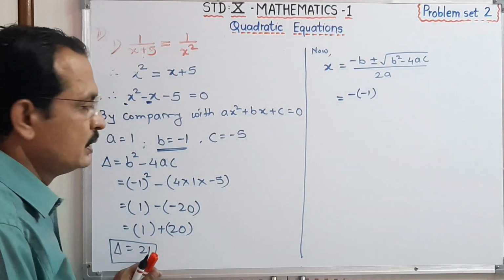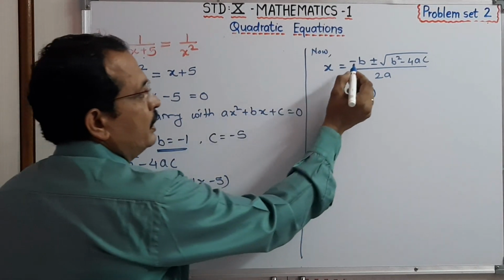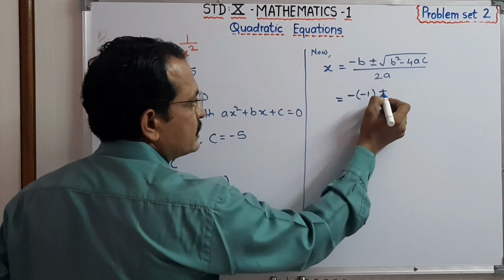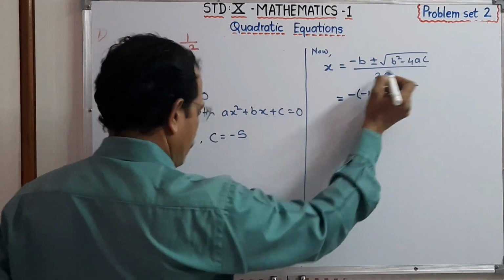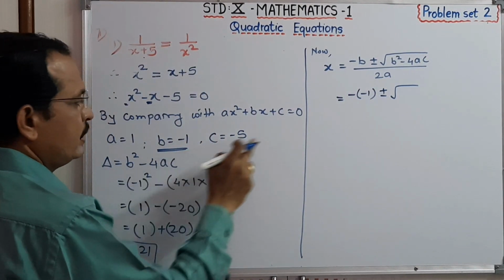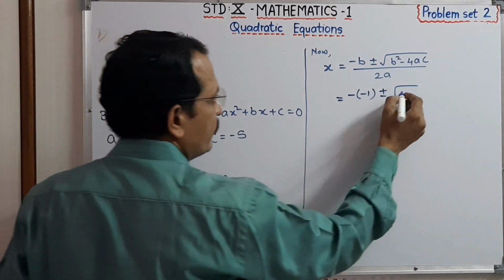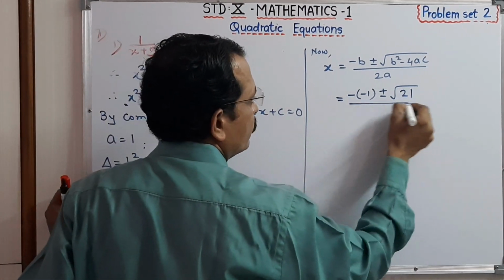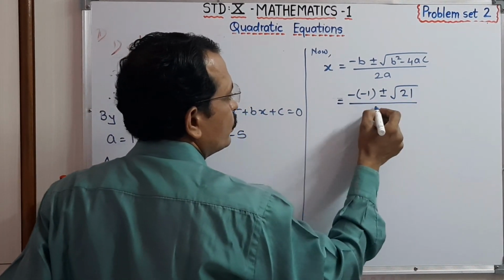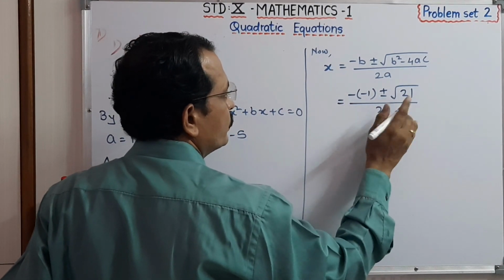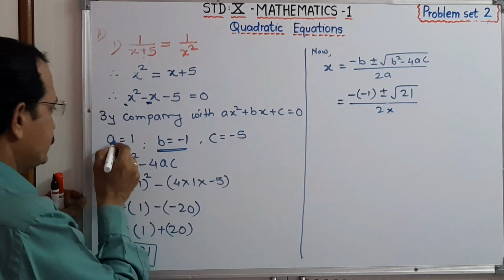Remember this minus, and the value of b is minus 1, plus minus under root b square minus 4ac, that is delta is equal to 21, and here we can write 2a, that is 2 into a is equal to 1.